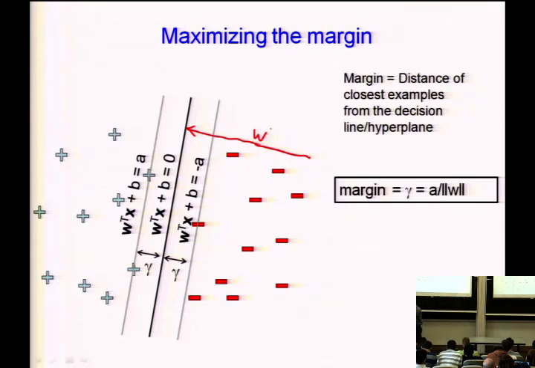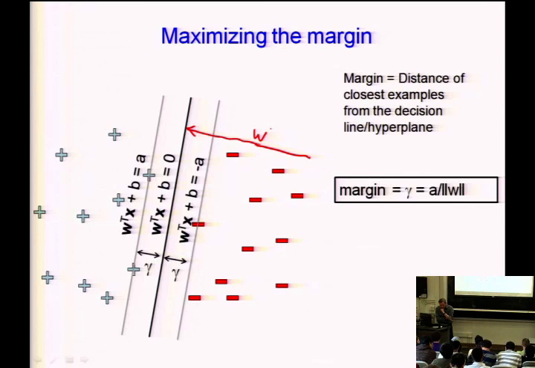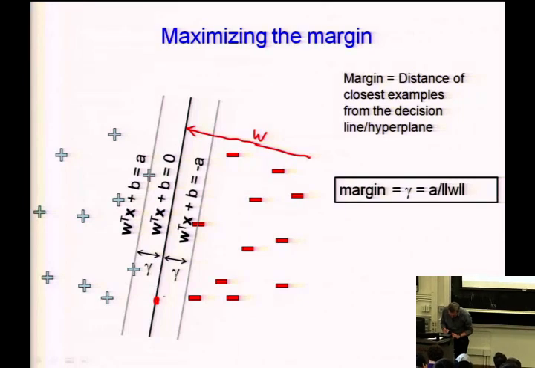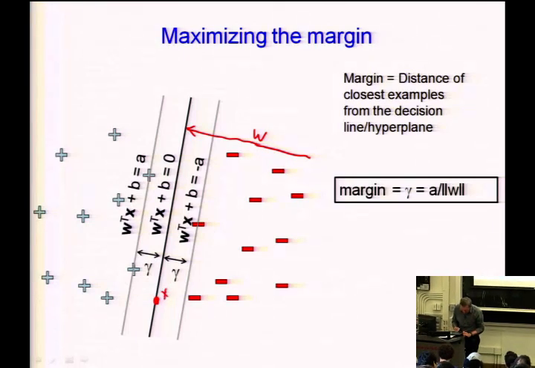So given that fact, we could look at it in the following way. Let's take some point here. Let's call it x1, for which this function equals 0, w x plus b equals 0. And let's add this vector to it, of length gamma, and I'll call that vector x gamma, just for the sake of argument.